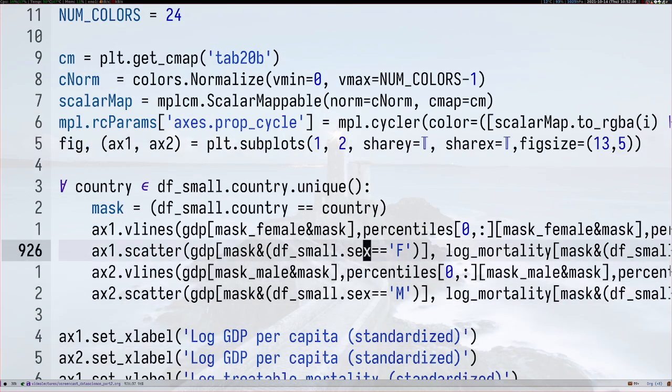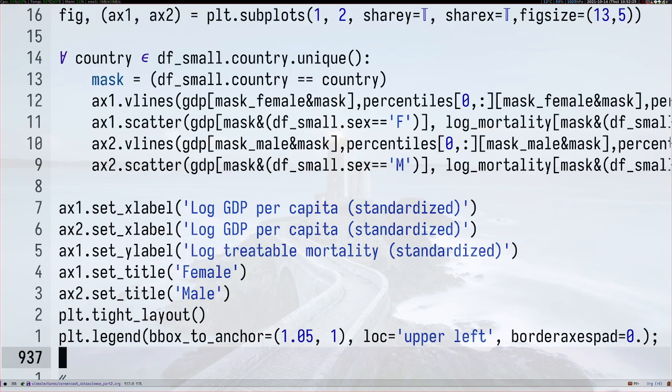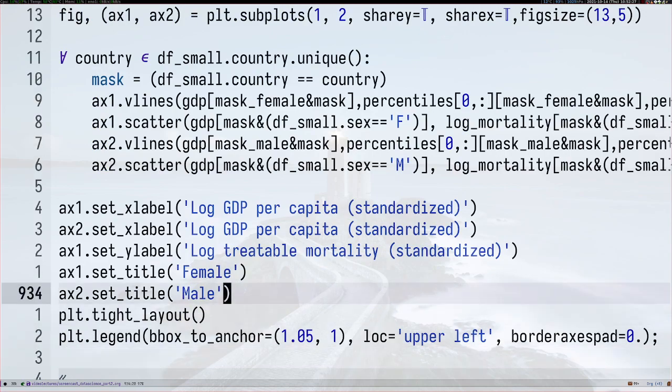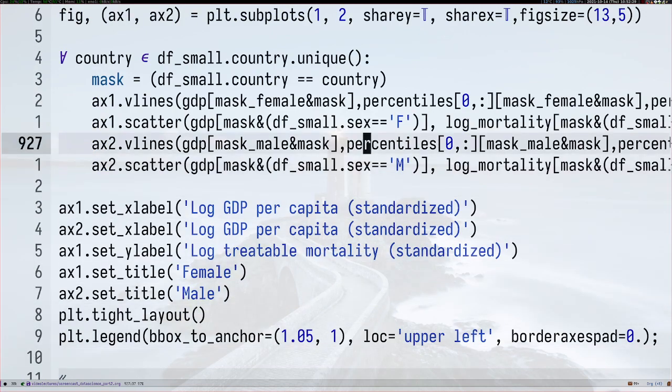The only difference is that before we only had this scatter plot, but now we also plot the percentiles for mortality for each level of log GDP. These two lines here, the vertical lines, are added compared to the plot that we had before.